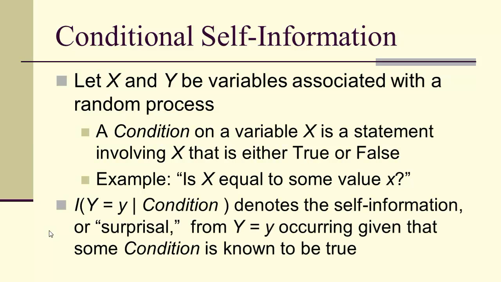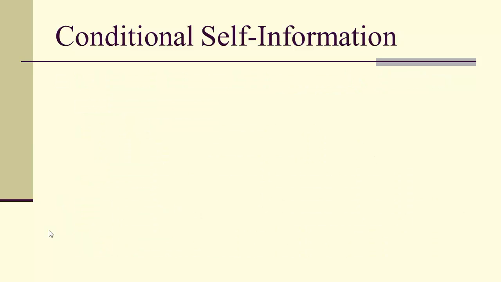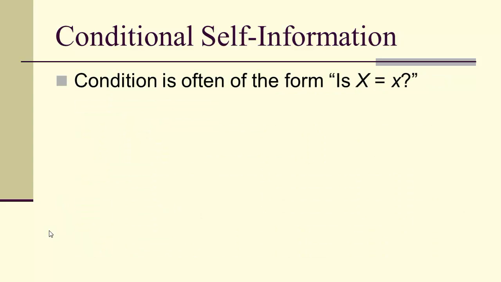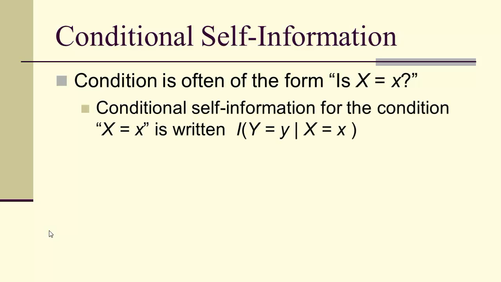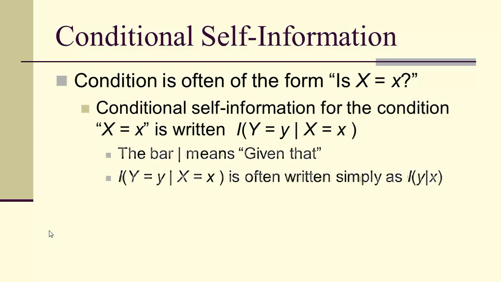So if we have a condition, then the information we get from capital Y taking on a value little y, given that condition, is the self-information or surprisal from Y equals y occurring, given that this condition is known to be true. So how surprised we are, knowing the condition, that the little y actually occurred as a value of Y. Conditions are often of the form is capital X equal to little x. And often we write conditional information in the form I of Y equals little y, given the condition that X equals little x.